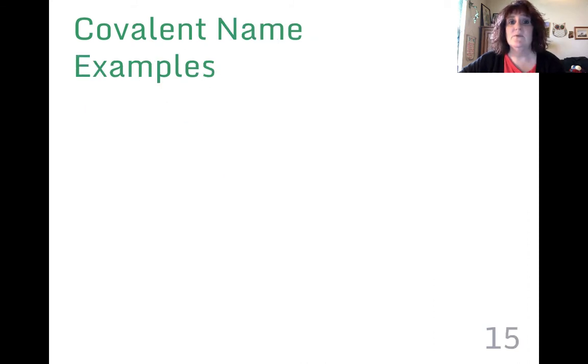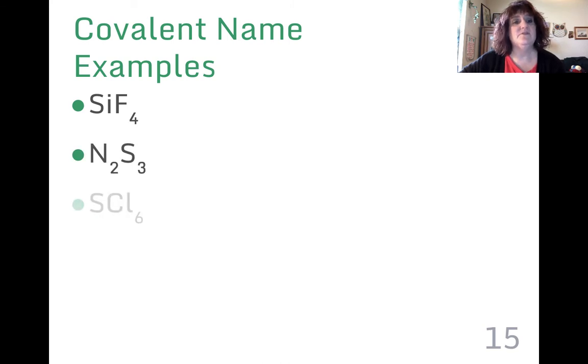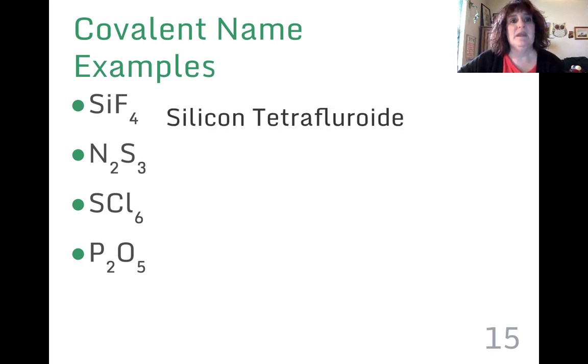Let's look at some examples. SiF4, N2S3, SCl6, and P2O5. Notice if you look at your periodic table, all of those are non-metals. So when we go to name them, we name them with those prefixes, and you're going to feel kind of like you're naming dinosaurs. The first one is silicon tetrafluoride.